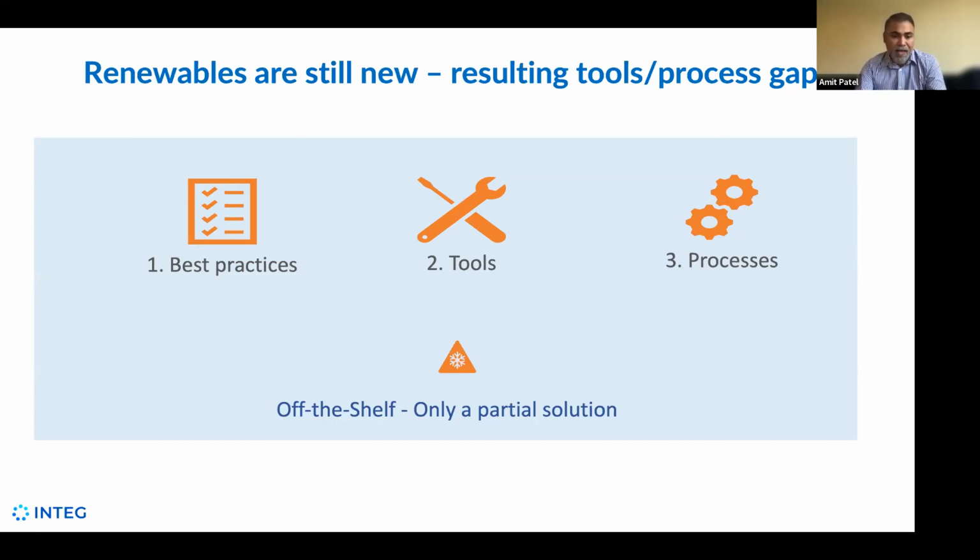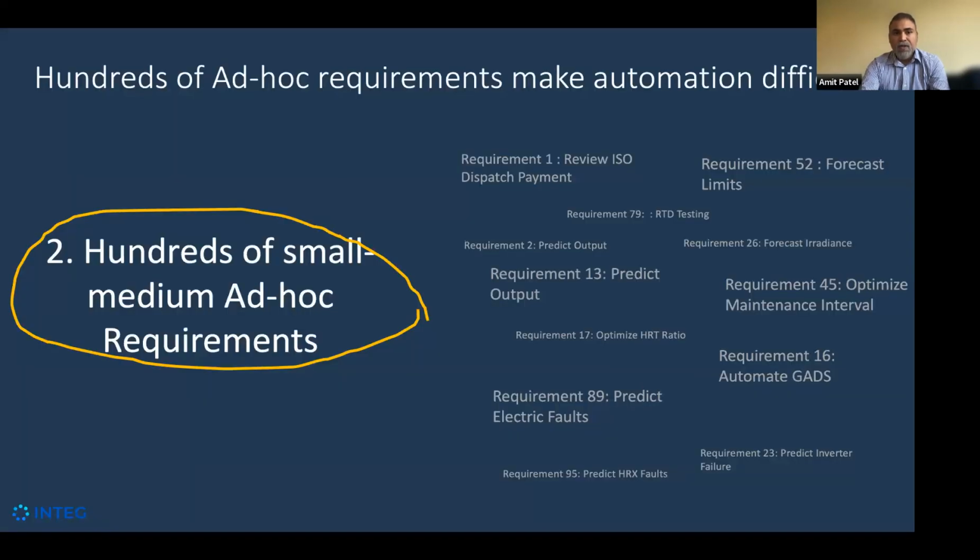There's a problem in that, and I'll explain a little later. There are a lot of smaller problems, and you can't keep buying off-the-shelf solutions. You don't have enough people to maintain them, and it's too expensive to buy a tool for every little problem. So they often become only a partial solution. In some cases it does help, but in a lot of cases it's not going to be the solution that we need.